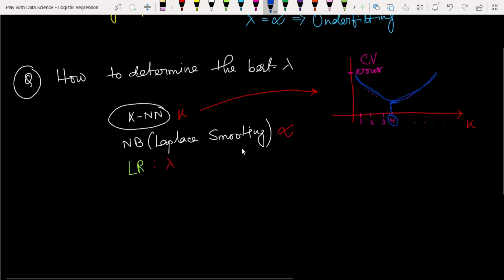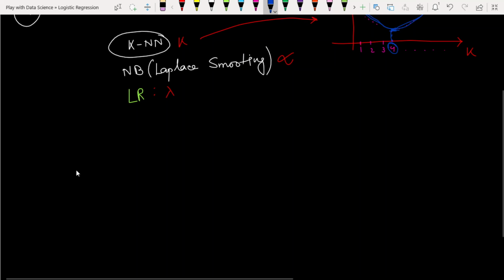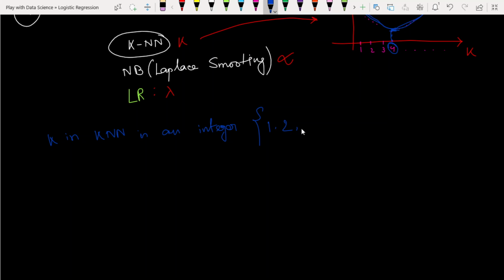We see that in KNN, we take the K value as an integer, like 1, 2, 3, such kind of values we have seen in KNN.